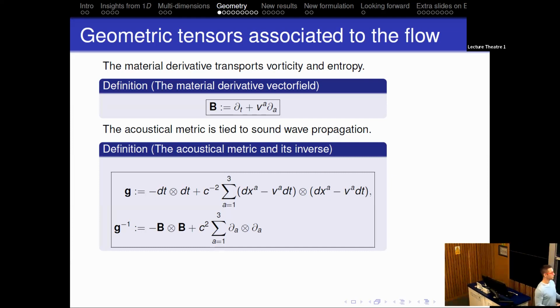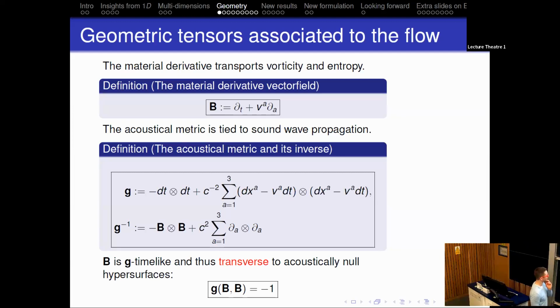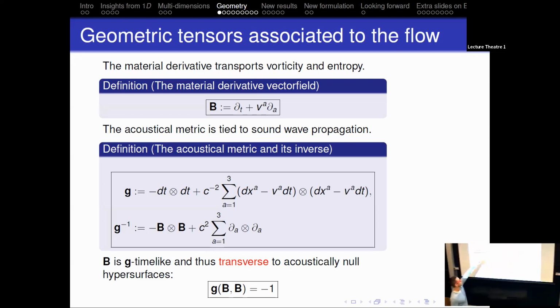So that's the most crude, hands-on way to think about where this metric comes from. Equivalently, if you go to the irrotational class, introduce a fluid potential and write down the wave equation for the fluid potential, you will discover this metric. This is exactly the metric that will come up. This is a really important geometric object, and it's a very fortunate and important fact for the theory that this vector field B, as measured by the metric G, is time-like.